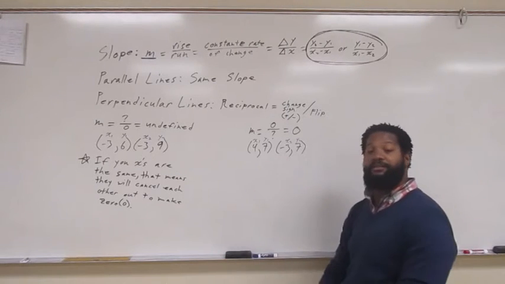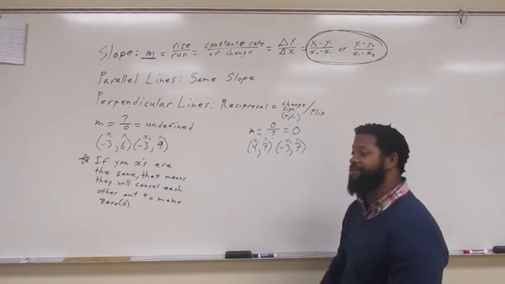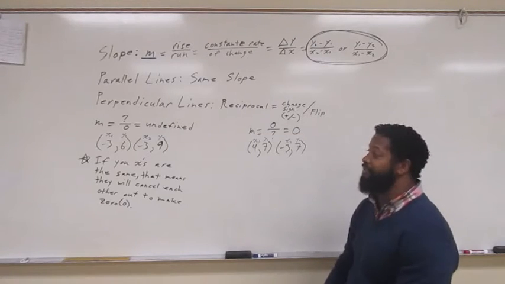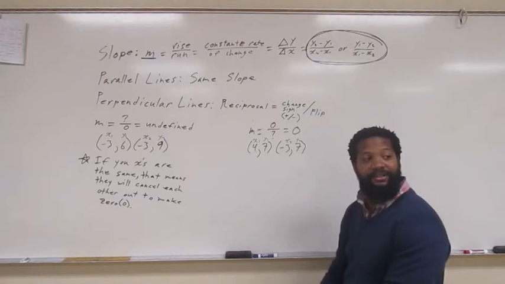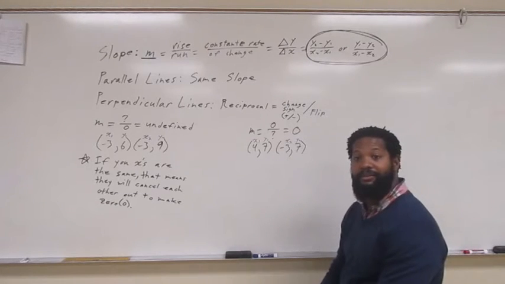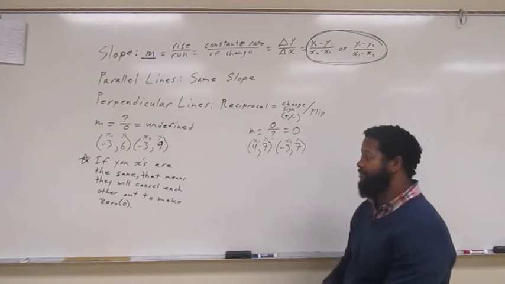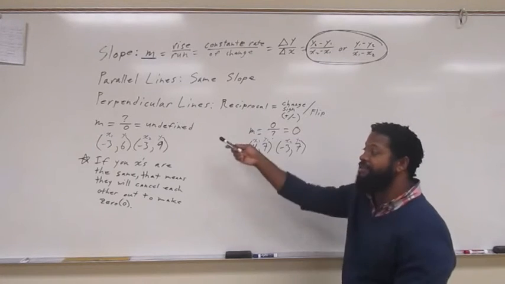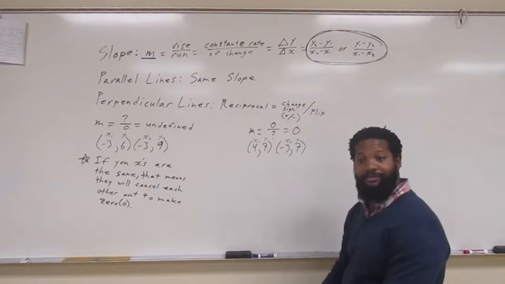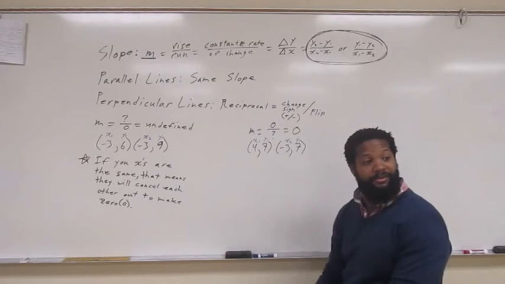Oh, are both of my x's the same? Are both of my y's the same? If the answer is yes for one of them, then clearly you're going to have either a 0 or undefined, whether it's your x's or your y's, okay? Just depends. Undefined, x's. 0, y's. Any questions?